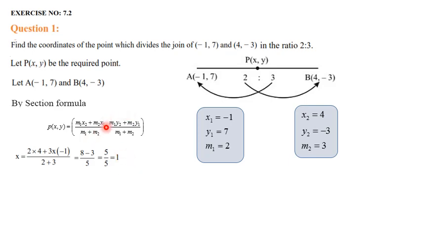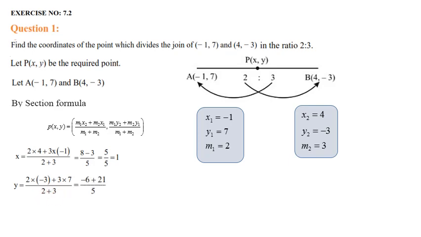Now we have to move on to the y coordinate of point P. For the y coordinate, m1 y2, m1 is 2, y2 is -3. So 2 into -3 plus m2 y1, m2 is 3, y1 is 7, so 3 into 7, divided by m1 plus m2, that is 2 plus 3.